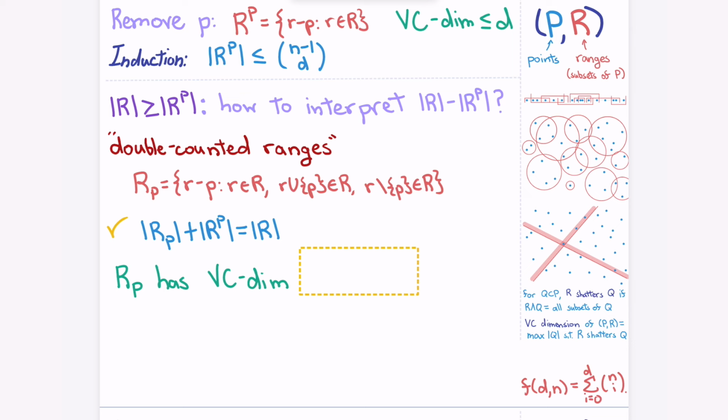If this has, say, VC dimension 9, and these are all the ranges where, in the original range space, I have that set both with and without p, then if I'm able to shatter a set of 9 points, the original R can shatter those 9 plus p, because these are all the things that have versions with and without p. So that means the VC dimension is at most D minus 1. That's critical.